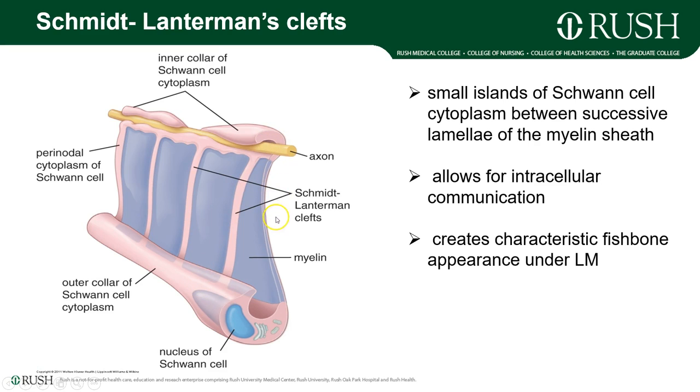In myelination, there is a wrapping of this cell which is happening in this orientation. So the myelin is wrapping around the axon, and that creates this characteristic fishbone effect of the Schmidt-Lanterman cleft, and we'll see in a minute how it looks in a histological section.